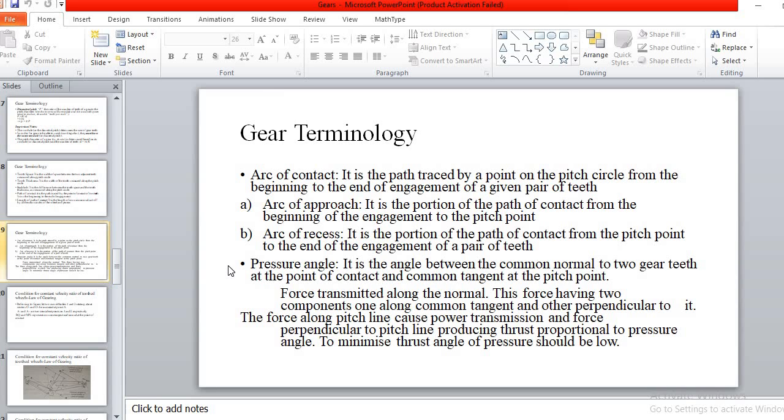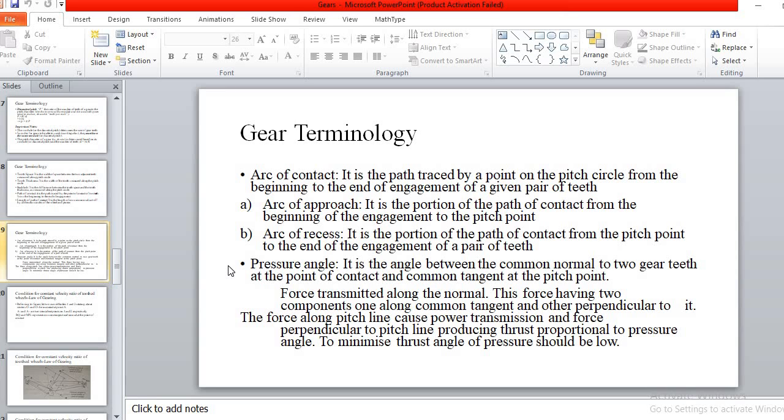The force along the tangent, or pitch line, is responsible for the power transmission.